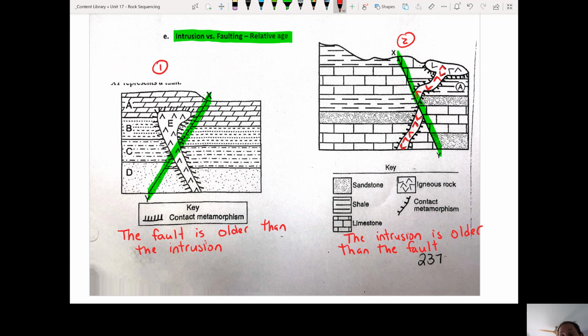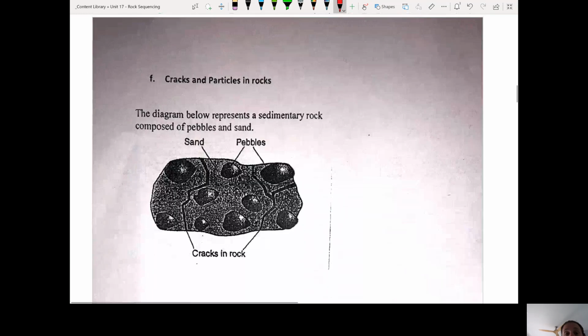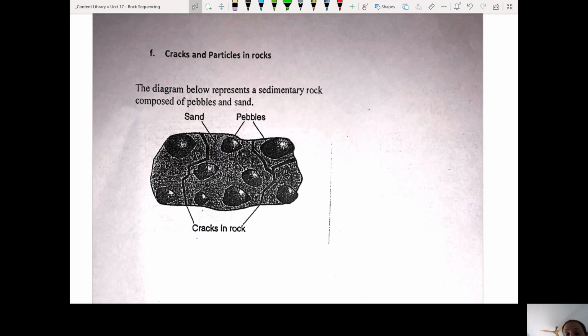And then the last one we're going to talk about is a sedimentary rock, conglomerate. If we take a look at the conglomerate as a whole, the pebbles and the sand particles that make up the conglomerate are the oldest part of the rock.